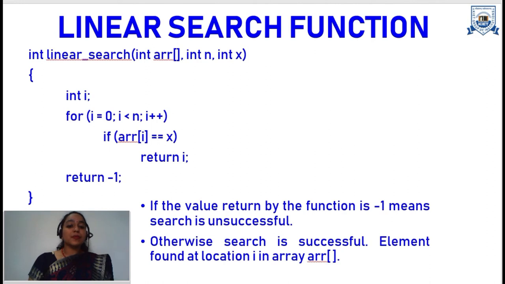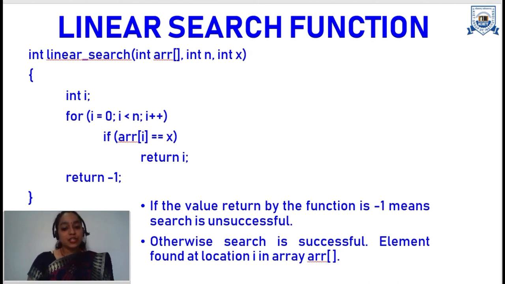And if suppose none of the elements match with x at any position, then we are returning -1. If the value returned by the function is -1, it means that the search is unsuccessful. None of the elements present in the array matched with the element which is to be searched. The element was not present in the array.